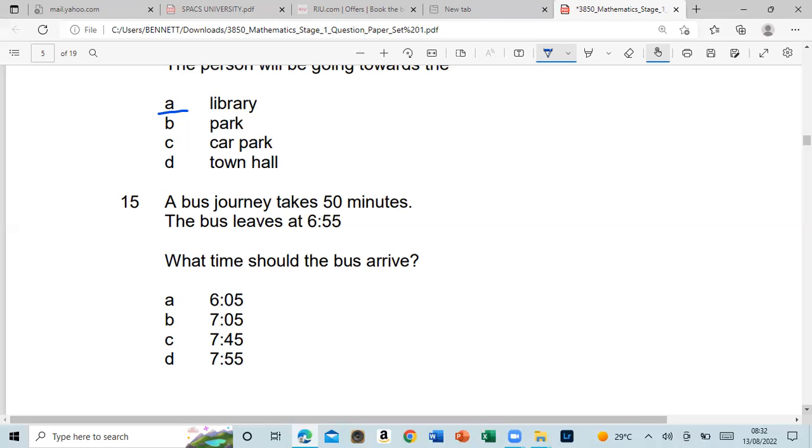Sir, you would be left with 50. So it would be C, right? Because you use 5 minutes to get to 7 o'clock. So 5 minutes gone out of the 50 now. So that leaves how many? 45, right? So it will be 7:45.